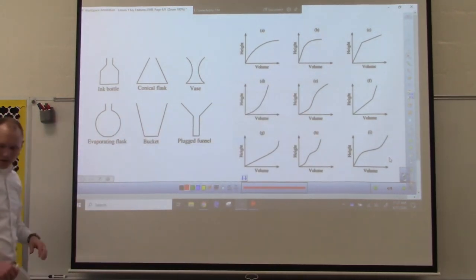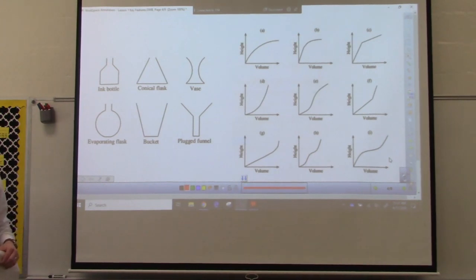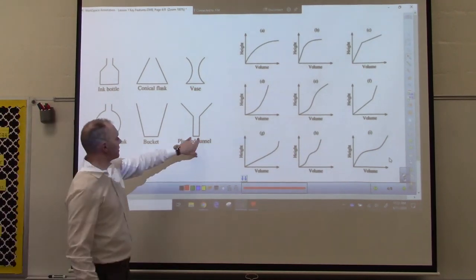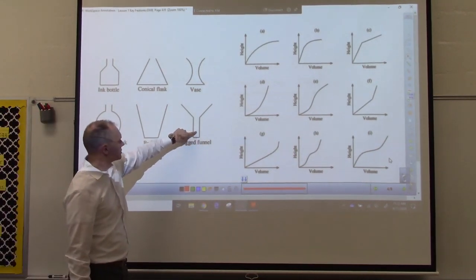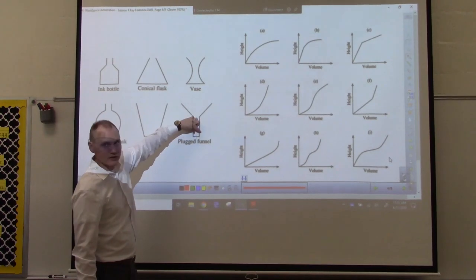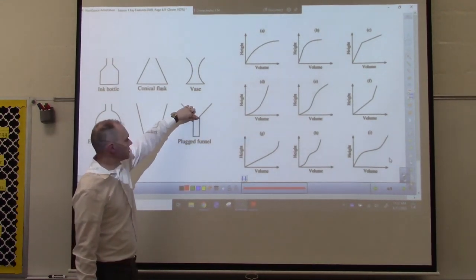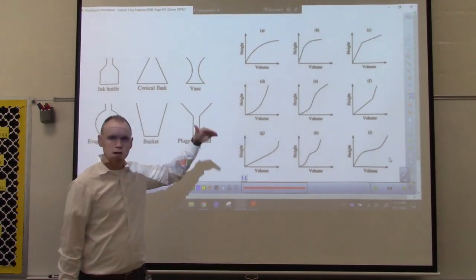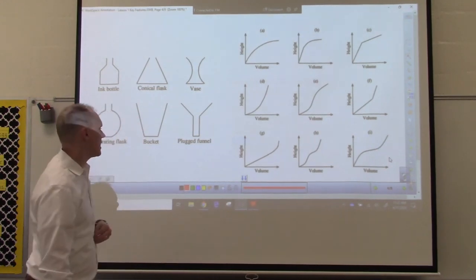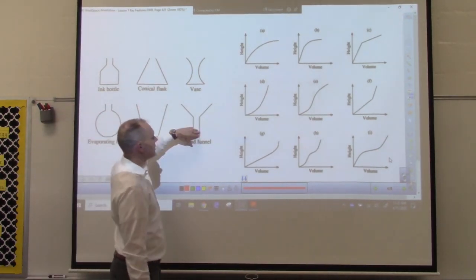And then lastly, the funnel is, let's see, B. So let's see, it starts at a narrow, but look at it, the width stays constant here. So therefore the height should increase at a constant rate.